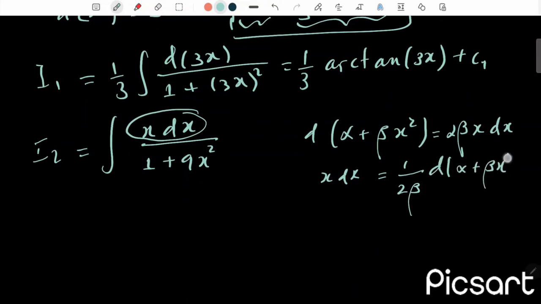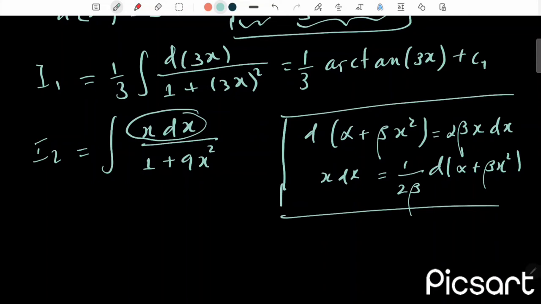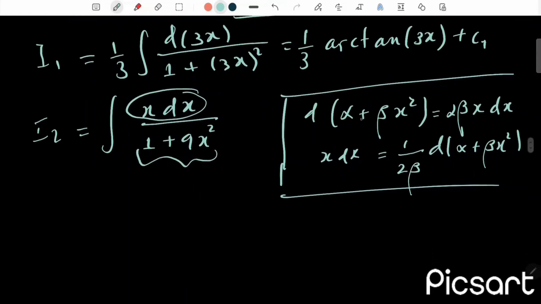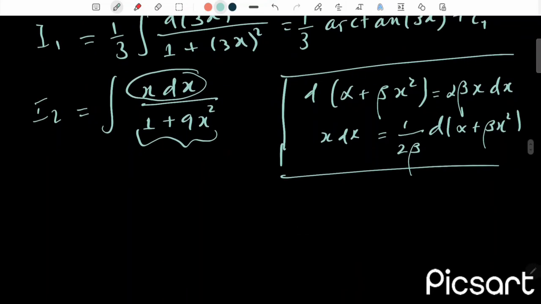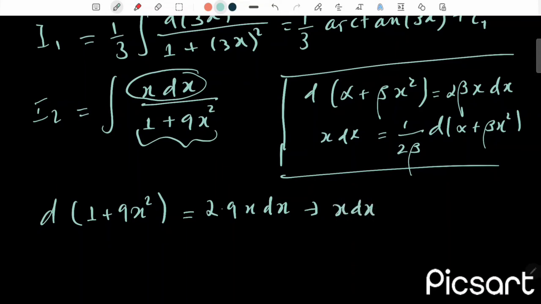If we take this as our alpha plus beta x squared function, then d of (1 plus 9x squared), where alpha is equal to 1 and beta is equal to 9, gives 2 times 9 x dx, so that x dx is equal to 1 over 18 times d of (1 plus 9x squared).